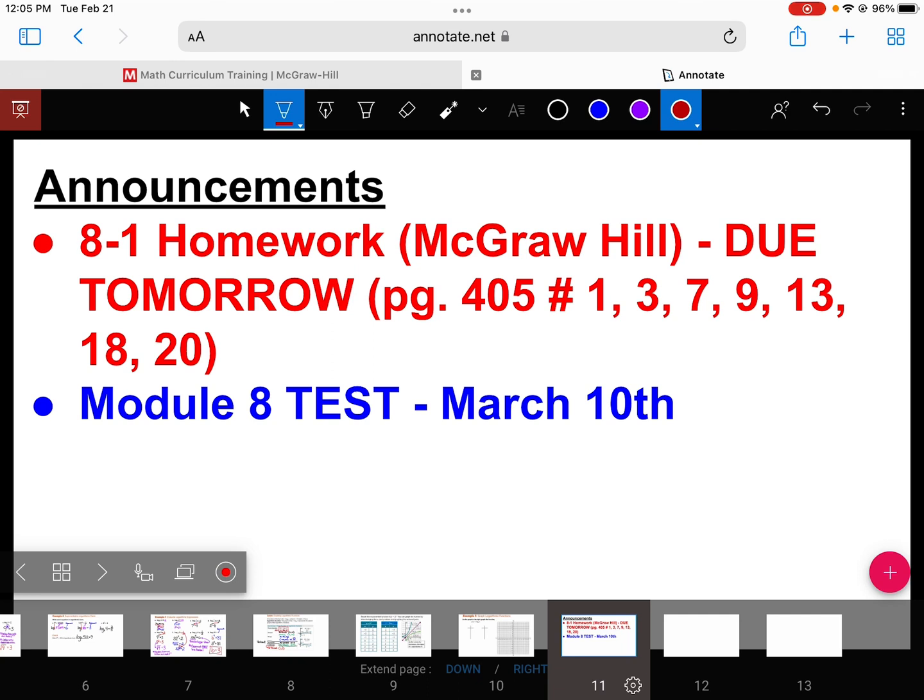McGraw-Hill homework due tomorrow. Problems on page 405. There are 7 problems. They're going to be fast ones like we did in examples 1, 2, and 3. So how do you write it in log form? How do you write it in exponential form? Can we evaluate these using what we did in example 3? All right?